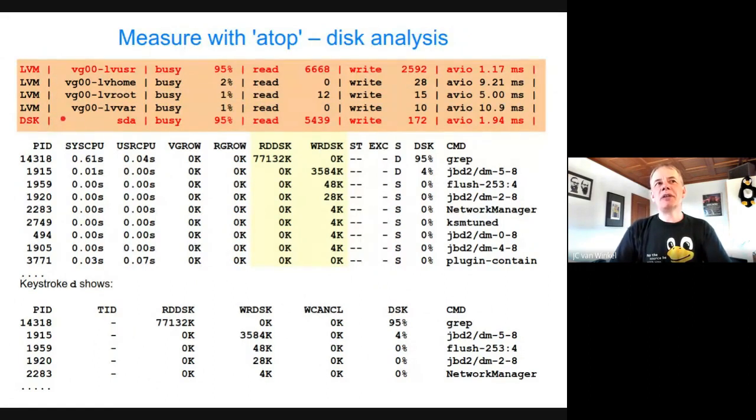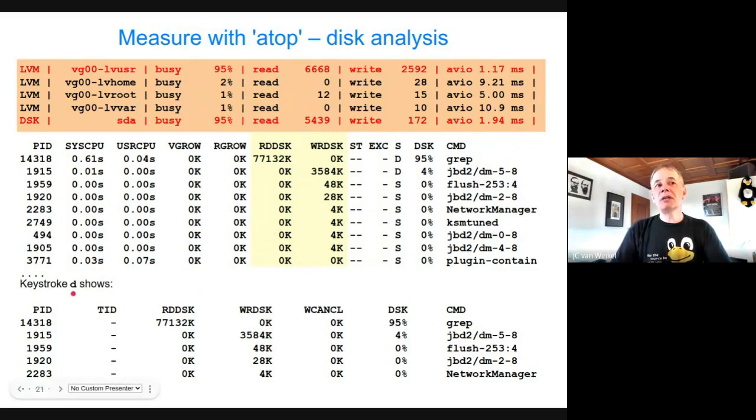And now if we go to the disk level, we see that SDA is that one disk that is busy that much. Per process, we get to see who is actually doing all that disk I/O, and we see that grep has been doing 77 megabytes of reads, and JBD, the block kernel thread, is responsible for most of the writes.